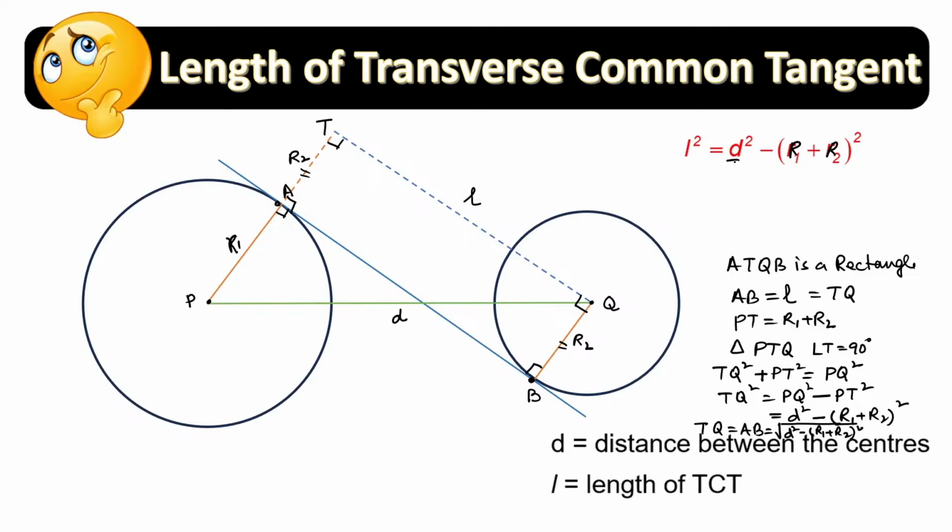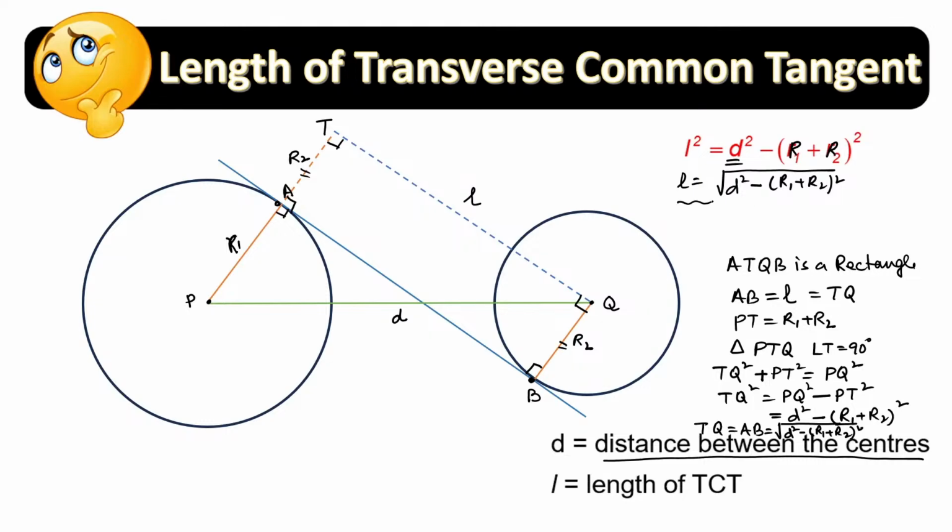Now, what is D? D, again, is the distance between the centers of the two given circles. R1 and R2 are the radii of the two given circles. Therefore, the length of the transverse common tangent is root over d square minus (r1 plus r2) whole square. Is it clear or not?